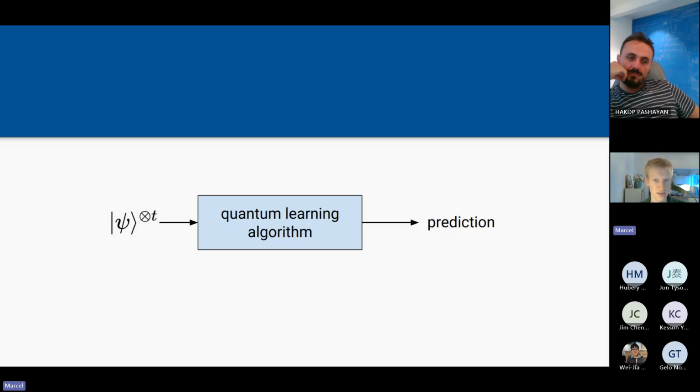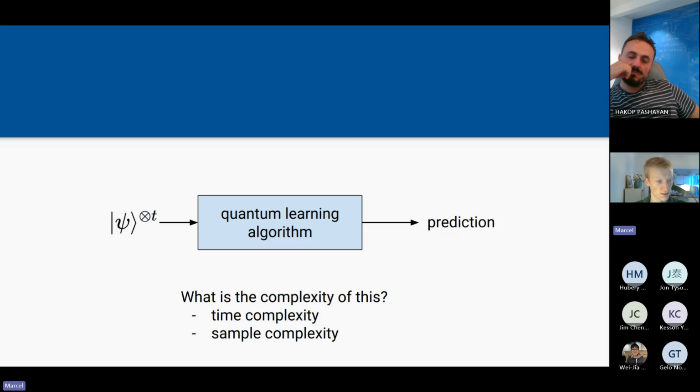And what we're usually interested in these kinds of problems is to characterize the complexity of such problems in terms of two standard metrics. One is time complexity. So how complex is the algorithm in terms of maybe depth of the circuits that you want to apply, but also how complex is the classical post-processing, how much time does it take?